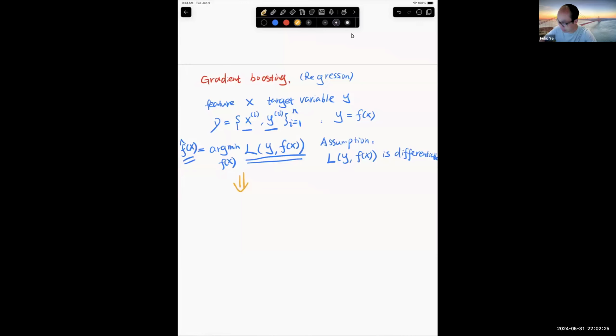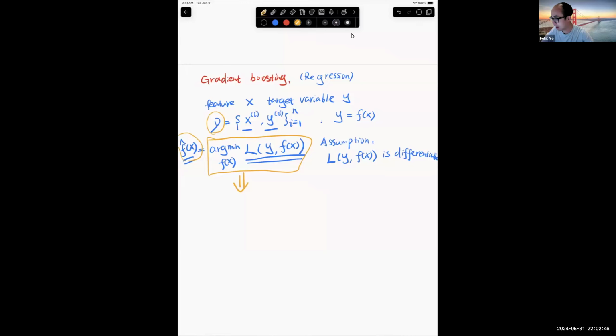If we try to minimize something like this, the issue is that if we change our data set D, then my f hat of x will be different, right? Because we assume all these x and y are samples from some distribution.